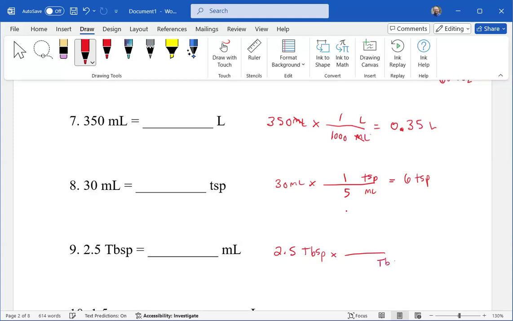You're trying to get rid of tablespoons for milliliters. And like I said before, 1 tablespoon is 15 milliliters. Now notice that the tablespoons is in the denominator here versus the teaspoons being in the numerator before, and it's because of the direction we're going.